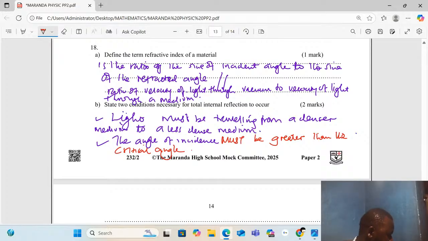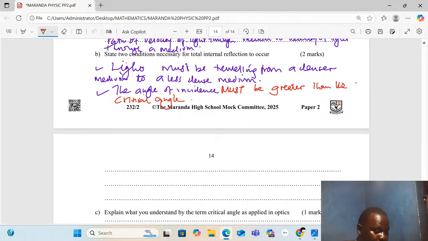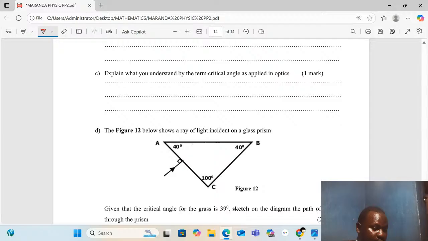Then we are asked to explain what you understand by the term critical angle as applied in optics.